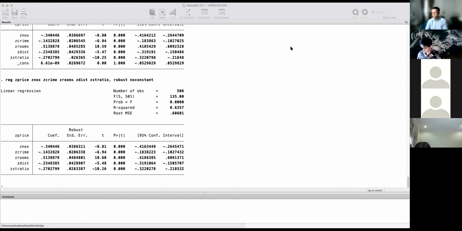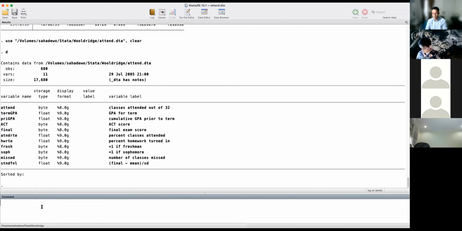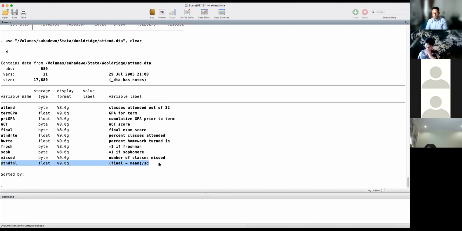This is one of the datasets that we have in the Wooldridge dataset repository. What are the variables in the dataset? What we're interested in is the standardized final test score. So basically, this is the standardized test score, the dependent variable that we're interested in.